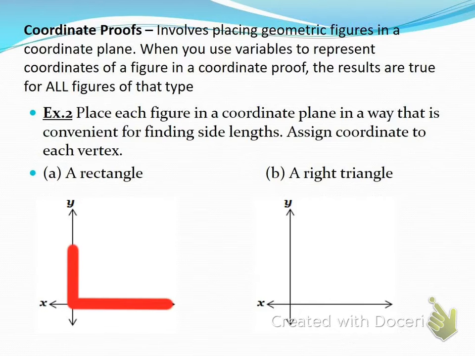Then we can complete the rectangle at the top and at the bottom there. Does it make sense why this would be the easiest way to place it so that I could identify my side lengths?